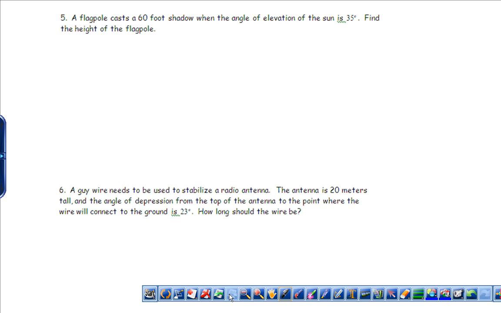So if we have a flagpole that casts a 60-foot shadow when the angle of elevation of the sun is 35 degrees. Now, I have some people that have a hard time with this sometimes. So here's your flagpole. It casts a shadow. Remember, your shadow is on the ground. It's 60 feet. An angle of elevation of the sun.